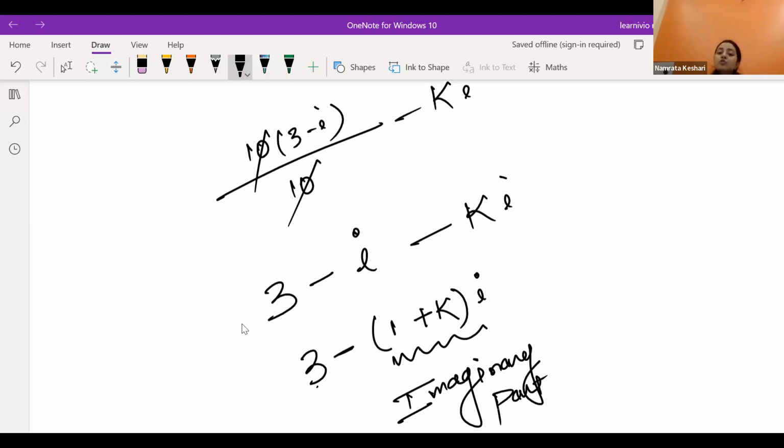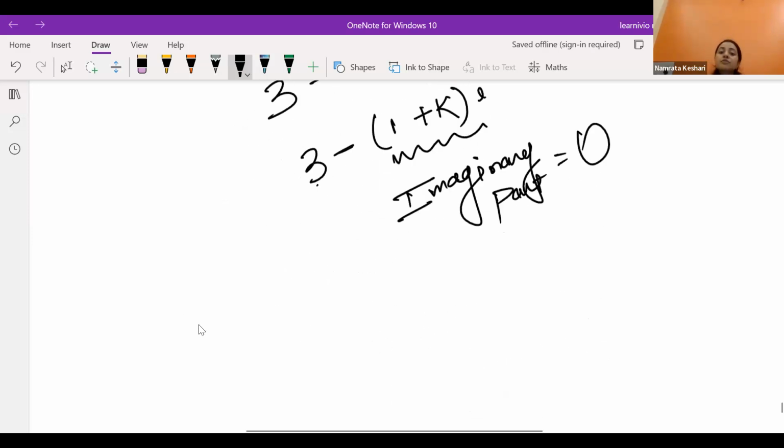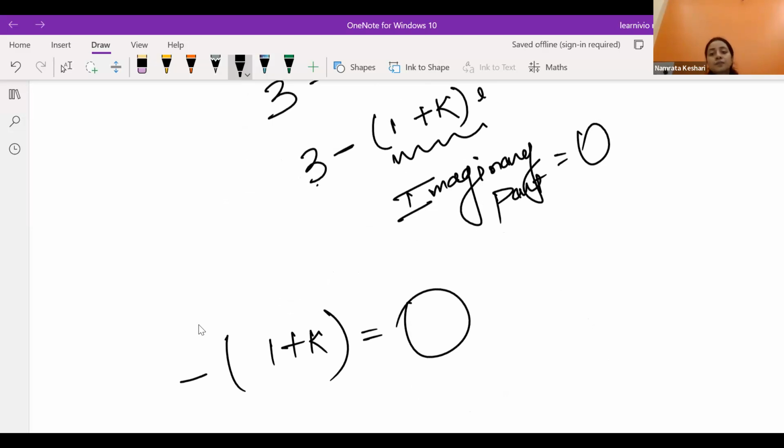Imaginary part has to be zero if it is a real number. That means 1 plus k value, of course minus (1 plus k) value has to be zero.